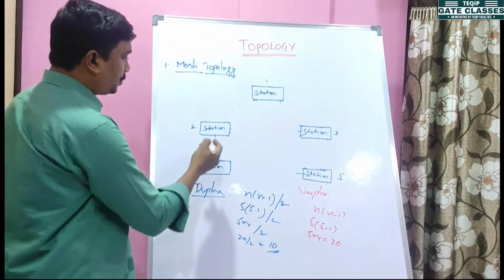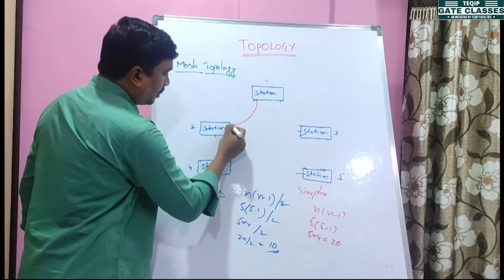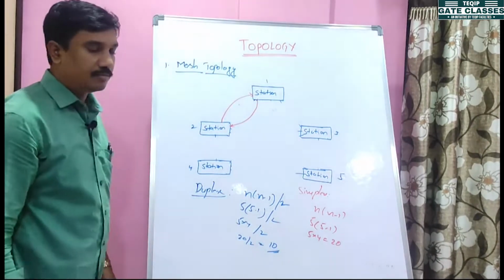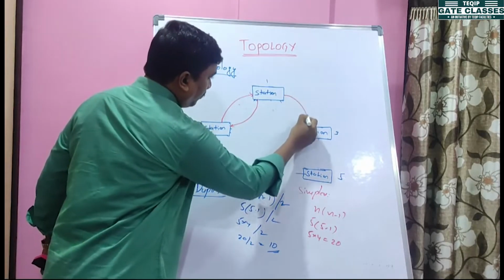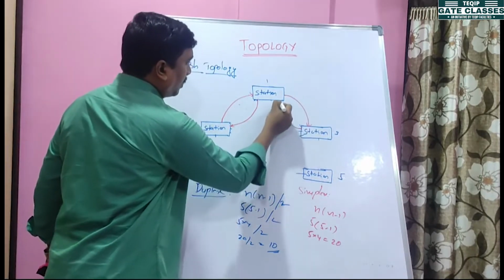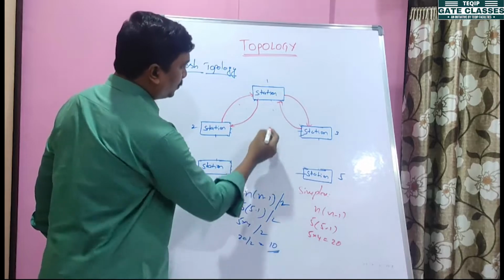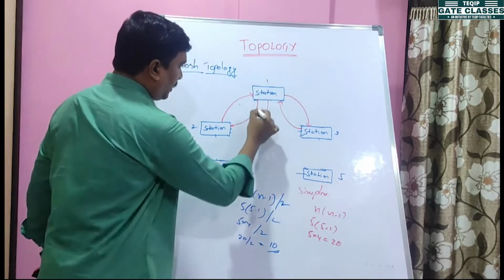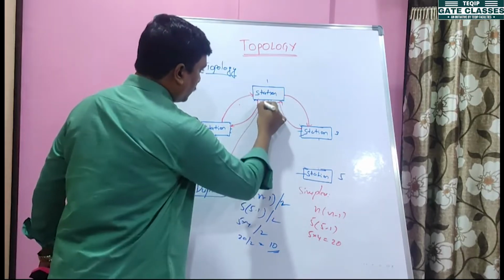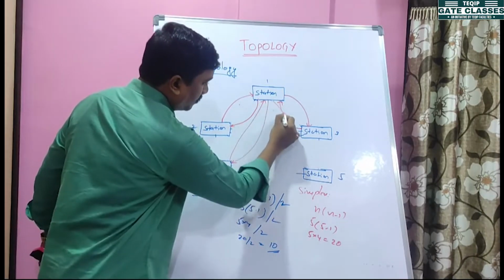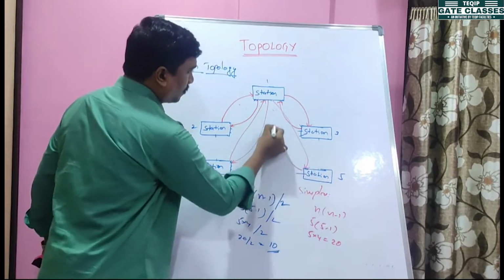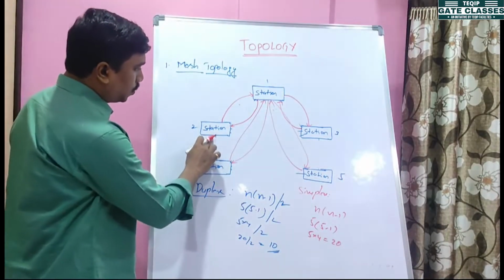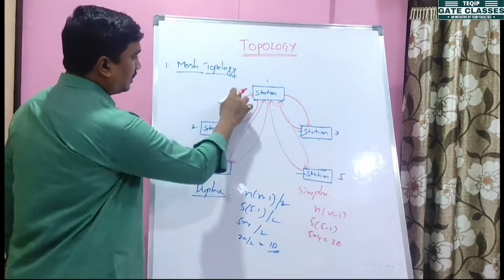From station 1 to station 2, sending and receiving. Station 1 to station 3, sending and receiving. Station 1 to station 4, sending, receiving. Similarly, station 2 to station 1 is already there.